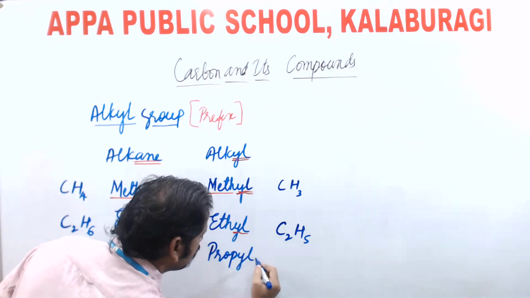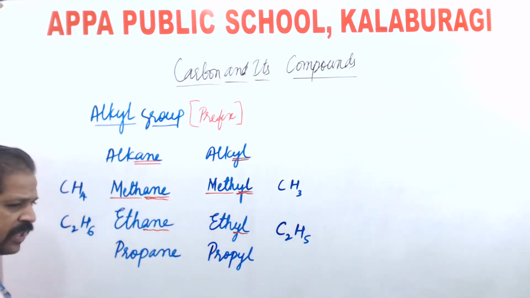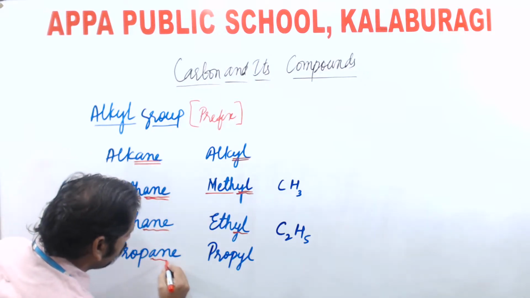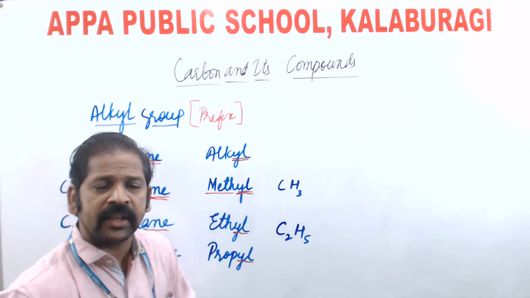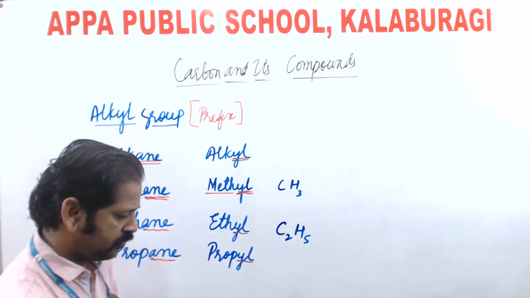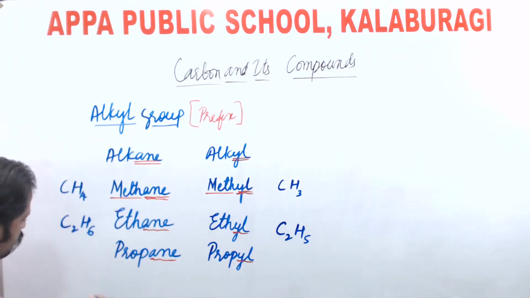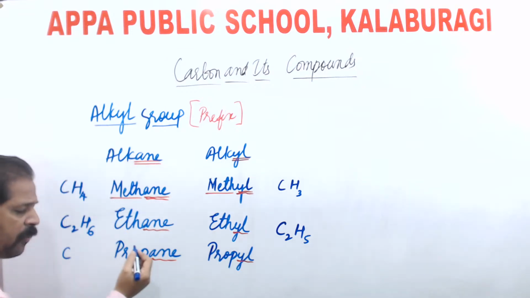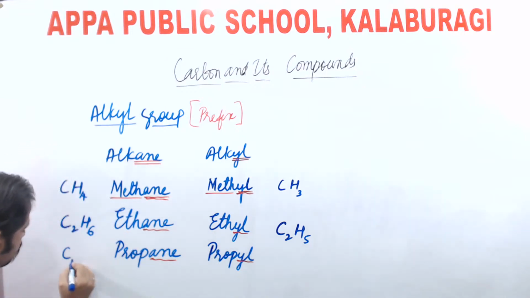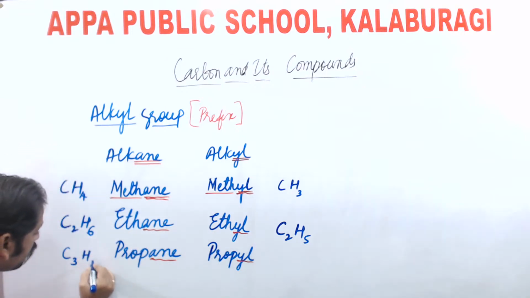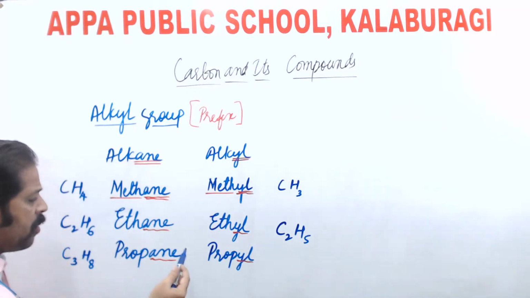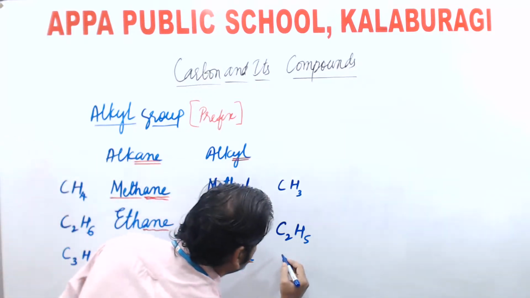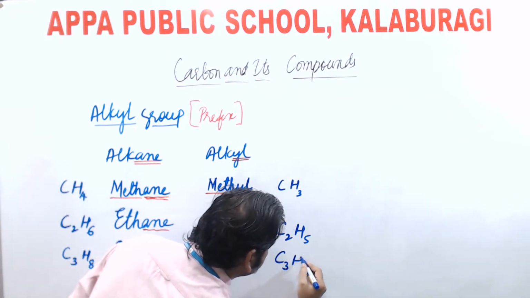Once again, instead of ANE, YL has been added, and one hydrogen is removed. The formula of propane is C3H8. The formula of propyl is C3H7.